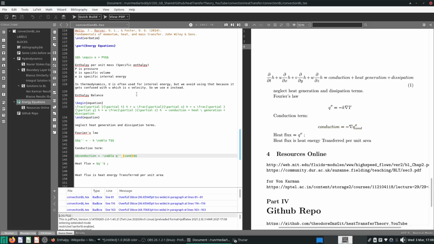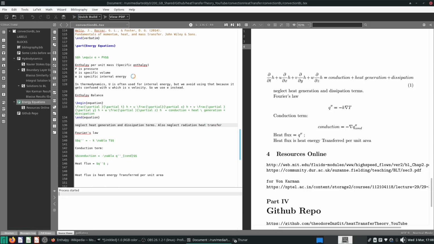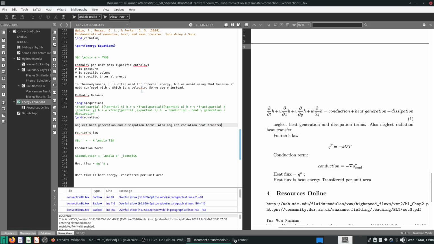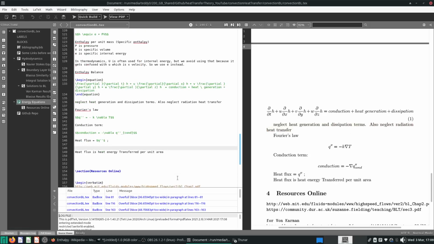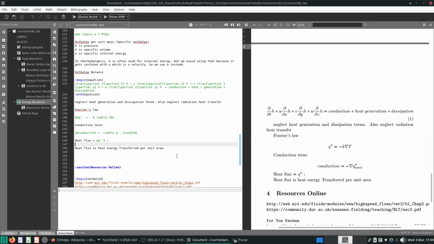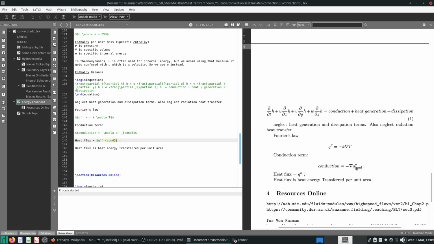If you really want to be so general with these equations, you can even include radiation heat transfer, or radiation heat flux, but we are neglecting it. So also neglect radiation heat transfer, because radiation can also heat up the air or the fluid. We're not going to consider radiation heat transfer, as that complicates the problem a lot. Just a reminder, heat flux is q. We use this q double prime, and I'll put it like so.